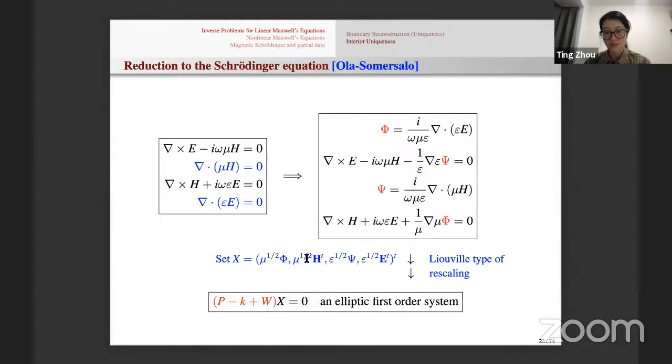You have 3, 3 plus 1, 1. So it's 8 components in this vector, a system of 8 vector.